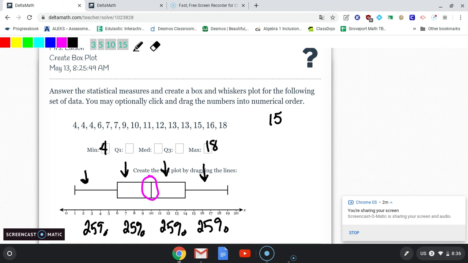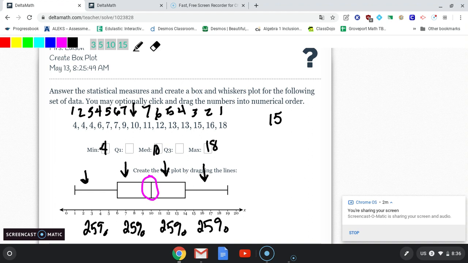So I have 1, 2, 4, 5, 6, 7. If I look, that's a 10, right? If I count backwards from the other direction, I'm going to have 7 numbers on each side. So that middle number is going to be the one in the middle.